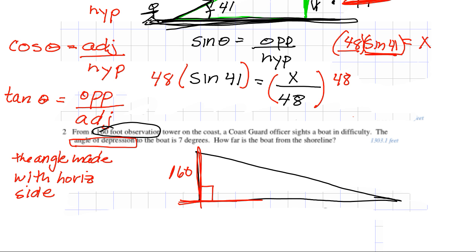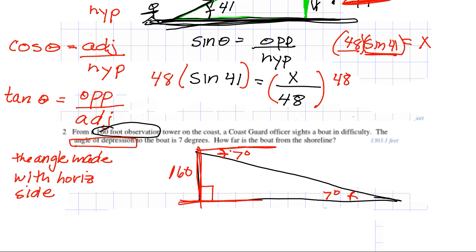So when it says angle of depression, it's actually referring to this angle right here, that angle 7 degrees. But that's not as useful to me as knowing that this angle is 7 degrees. And of course, according to properties of geometry, these angles are both the same angle.